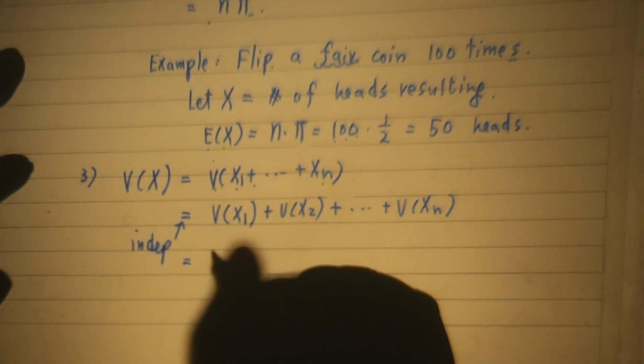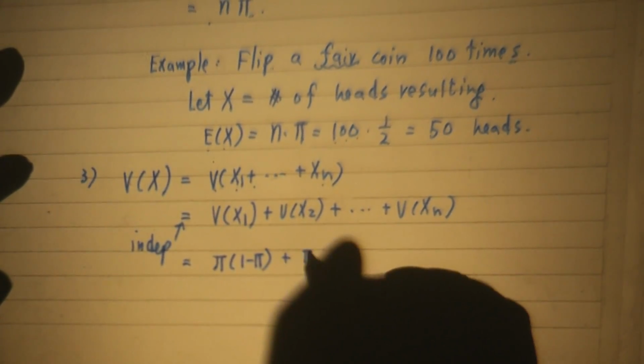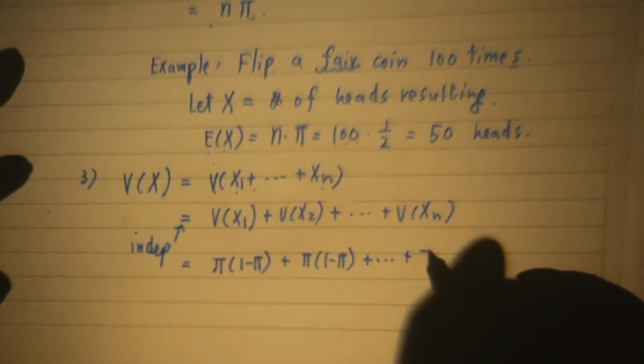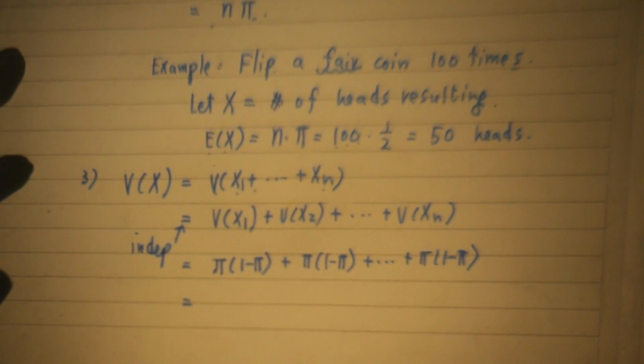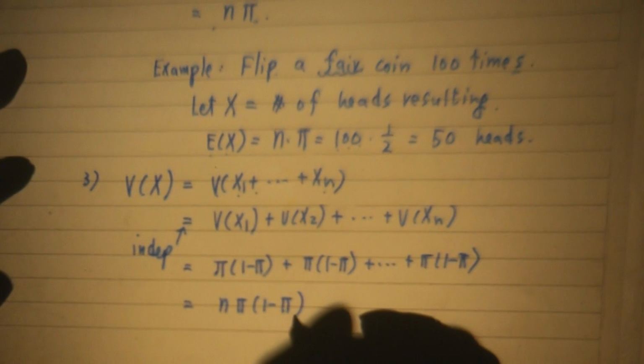Remember, it's the product of two probabilities. One for success, one for failure. And you have how many of them? You have n of them, okay? So in this case, variance of x is n times pi times 1 minus pi, okay?